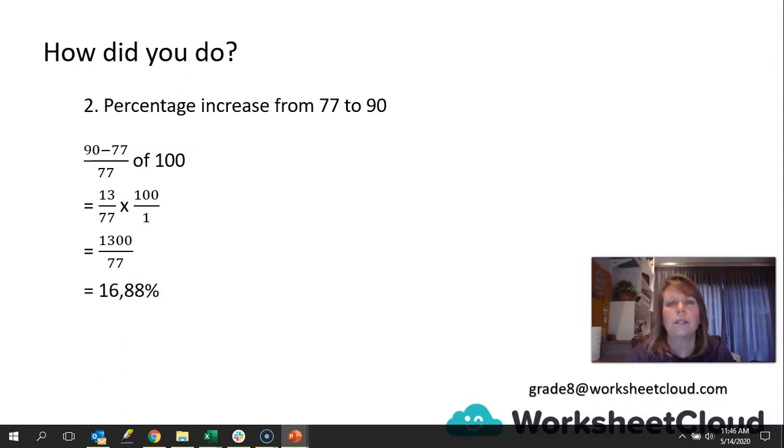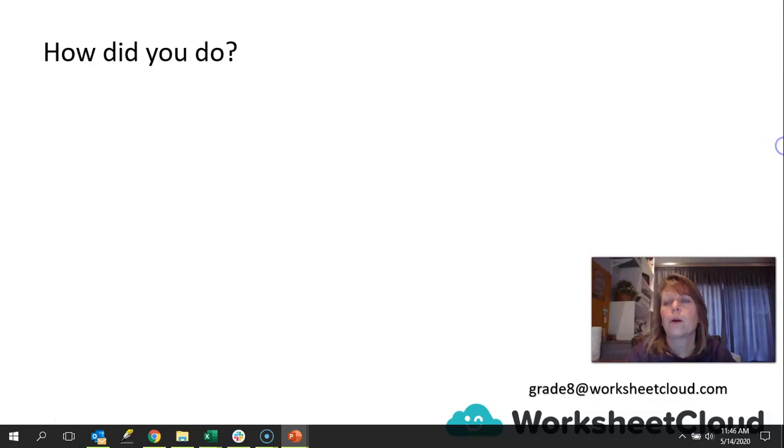And we're going to get 16,88%. Okay, don't forget to use your calculator to try and work this out. And then round off to the second decimal place, or if you want to the first decimal place. If we had rounded this one off to the first decimal place, it would be 16,9. Okay, everyone happy? All right, let's go on to number 3.